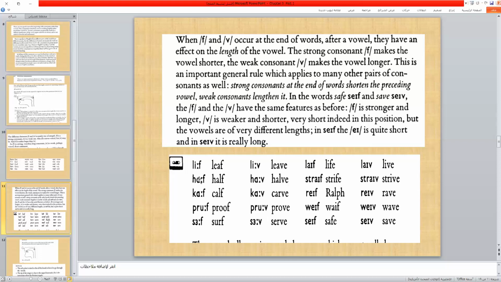The A here is shorter than the A here. Why? Because it's followed by a voiceless, strong, fortis consonant. And the same thing applies to other pairs. Thank you very much, and that's the end of part 2.